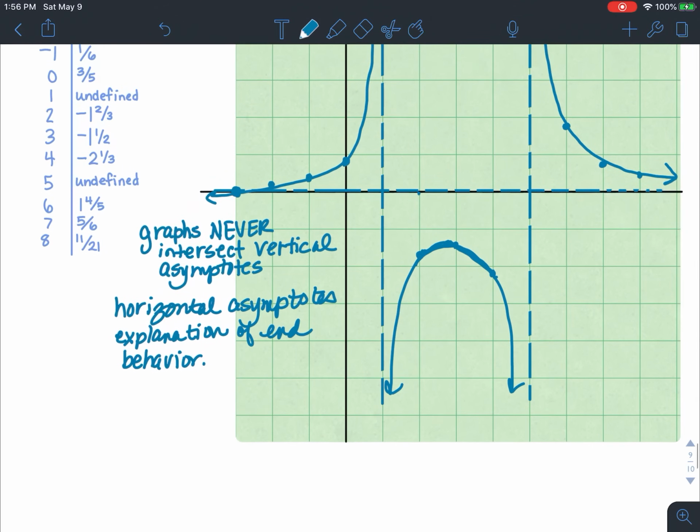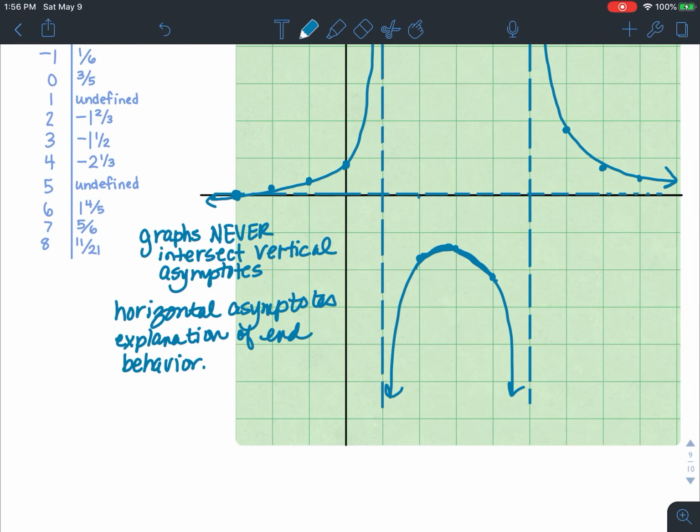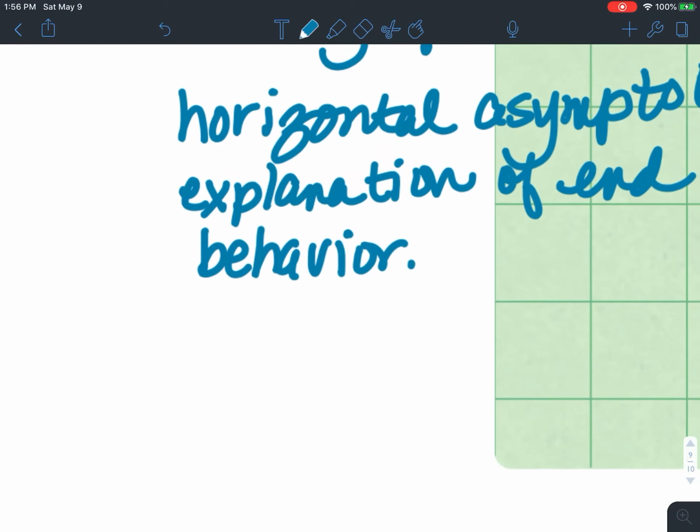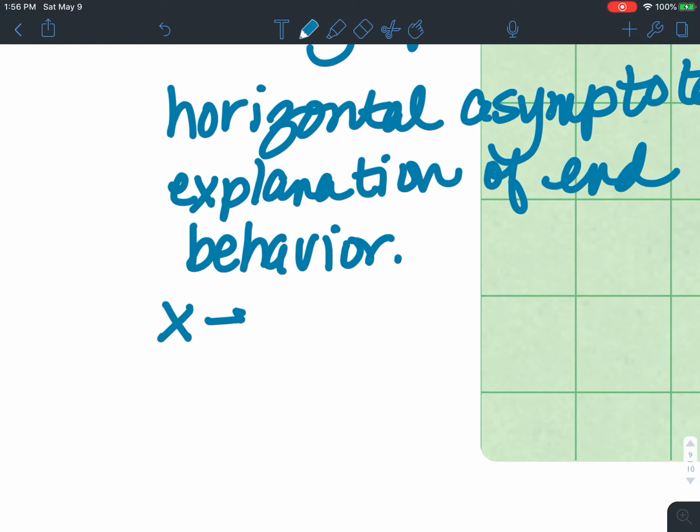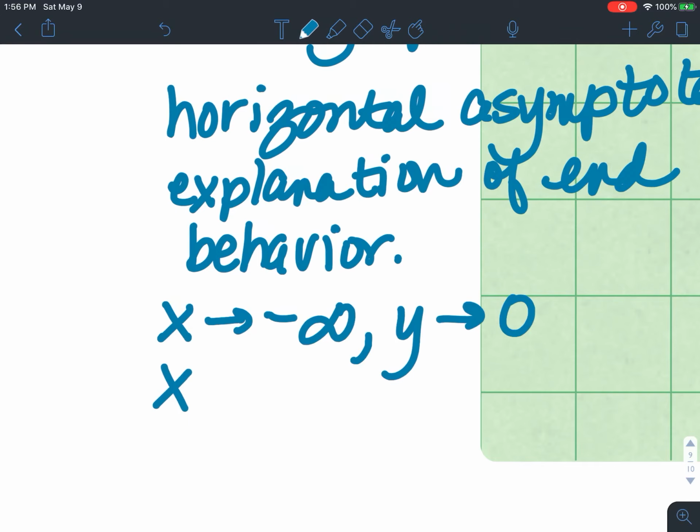So the horizontal asymptote in this problem being y equals 0, really the purpose of that is to say, as x gets really big and as x gets really small, we'll do negative first. y approaches 0. As x gets really big, y approaches 0.